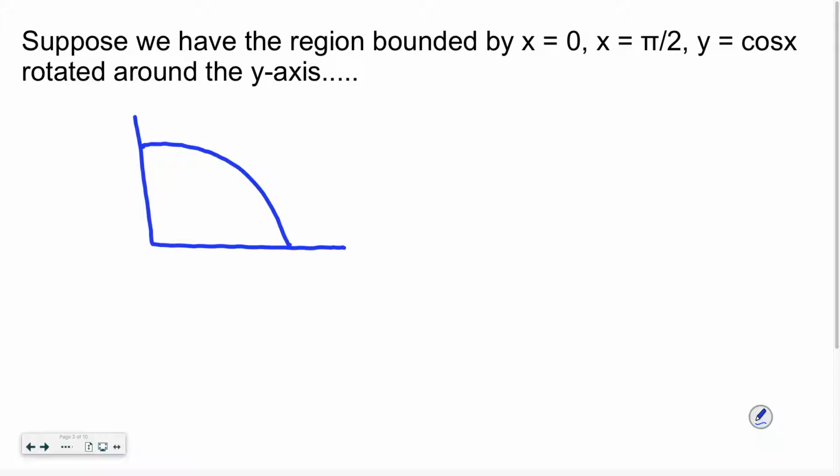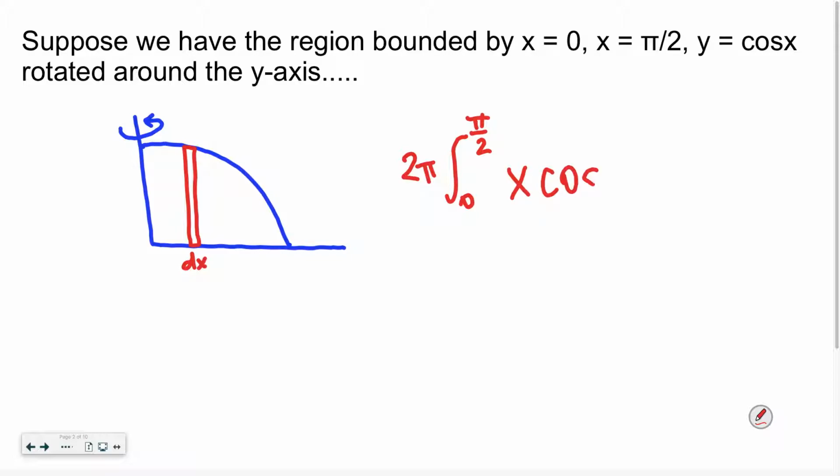If I want to rotate this region about the y-axis, our only option would be to do so with respect to x, right? What method? That's shell. So 2 pi integral from 0 to pi over 2 of x times cosine of x dx.